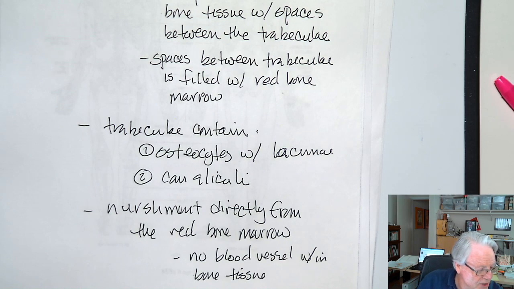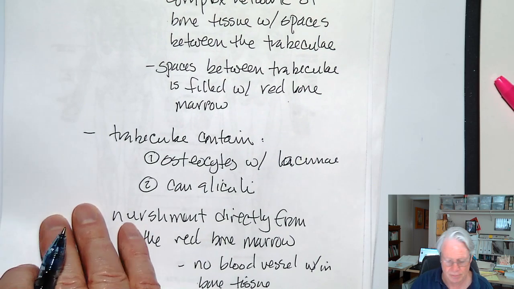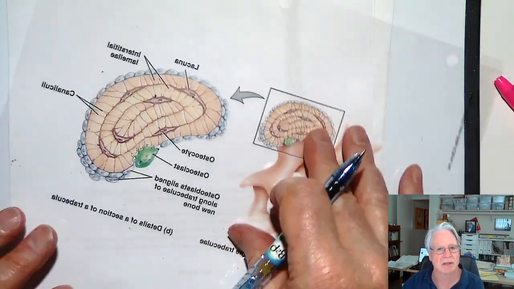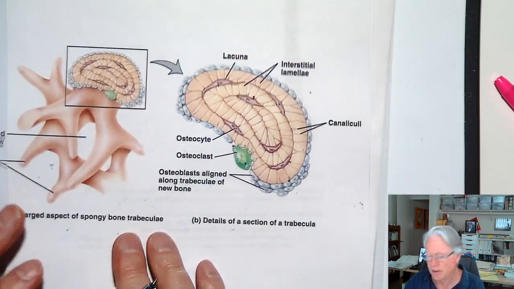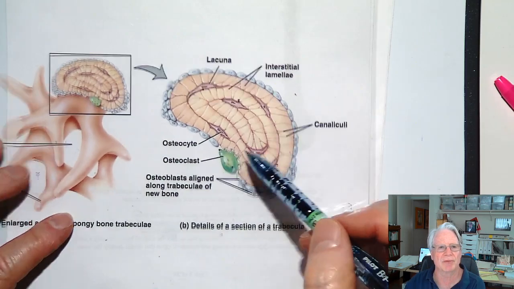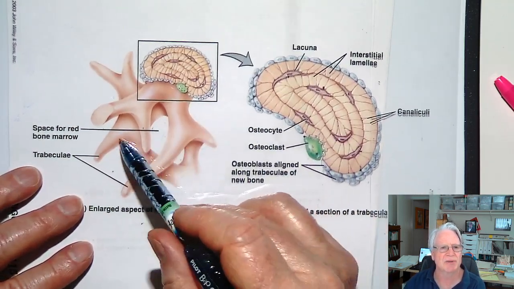And just to emphasize that point, come back and look at this image. There you go. No blood vessels. So all of this space that you see around the trabeculae is filled with red bone marrow.